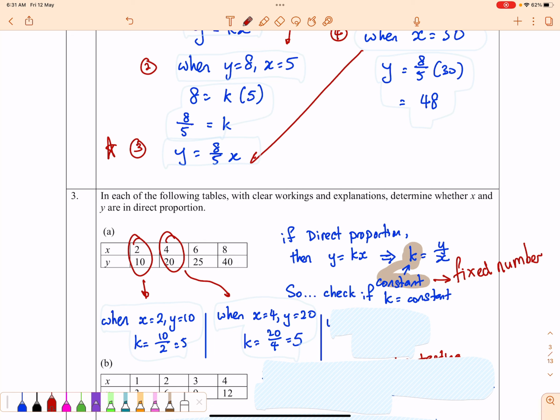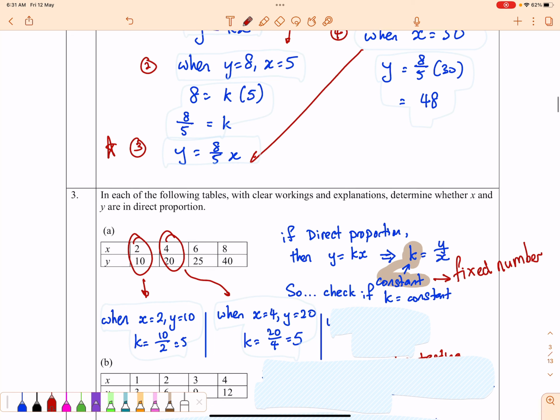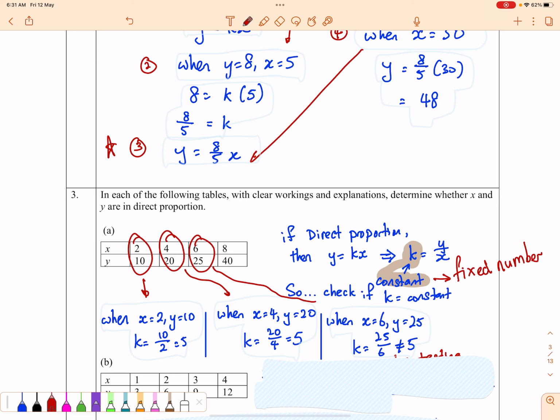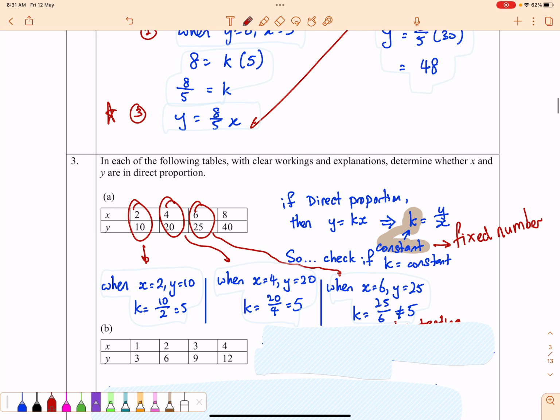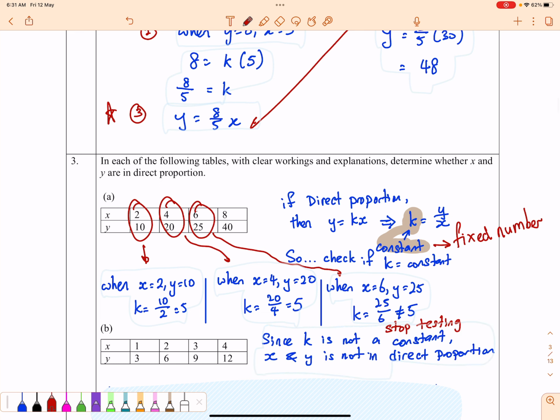But you must not stop here, you must continue to test. Let's look at 6 and 25. 6 and 25 cannot, because k is not equals to 5. Okay, then you can stop testing already, because once one k value is not the same, we can actually stop the testing. So we can conclude, right?